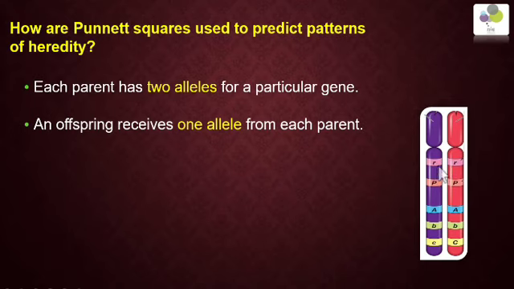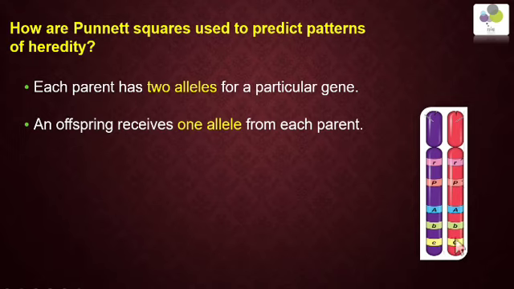So we have two different versions or two same versions of the gene, so we have two alleles. Each parent has two alleles for a particular gene responsible for a specific trait. For example, if we're talking about seed color, maybe this seed color is purple and the other seed color is purple.